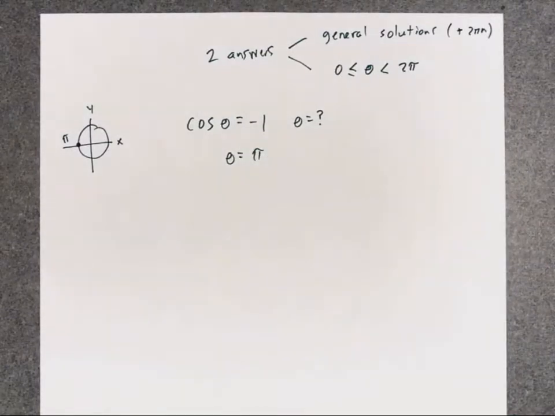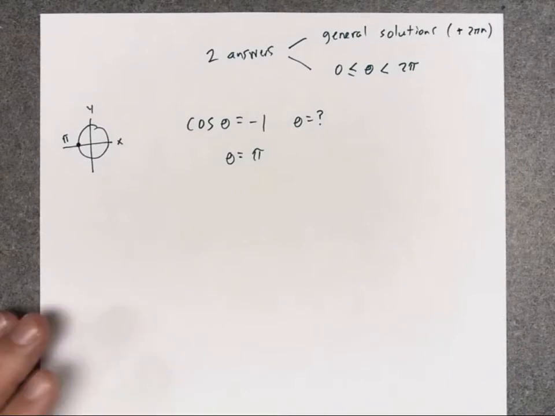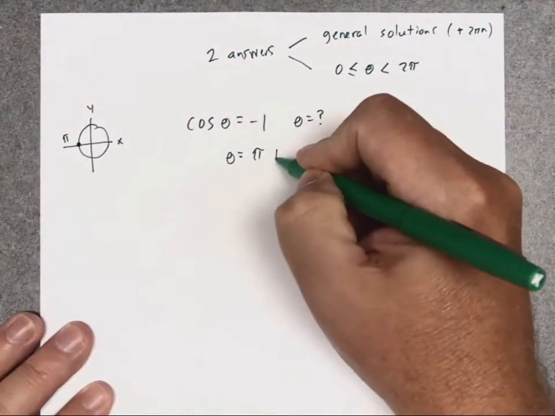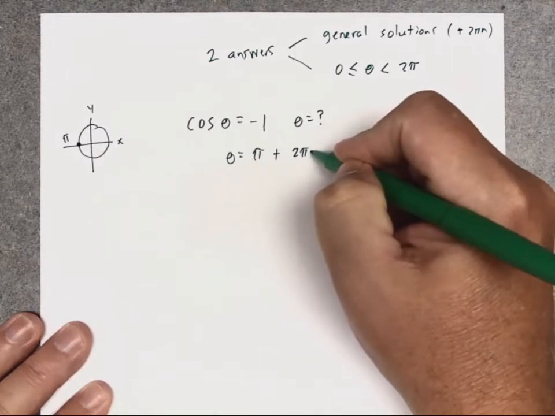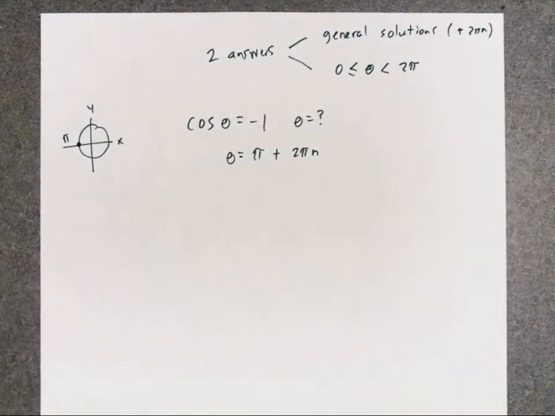But then we have to take into account that we can make multiple trips around the unit circle. So what we do is we add on 2 pi times n. And let me do this once more so it's clear what we're doing here.